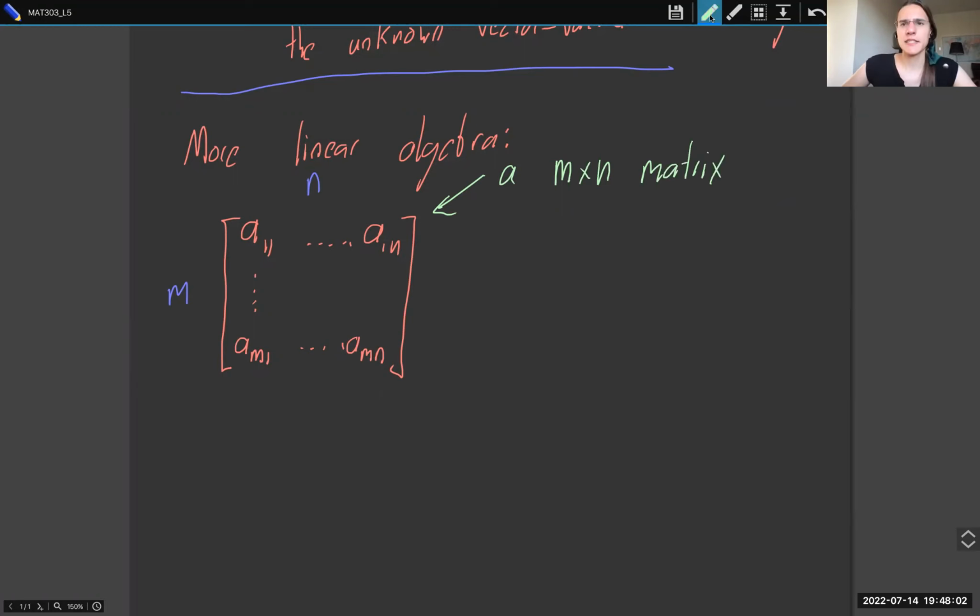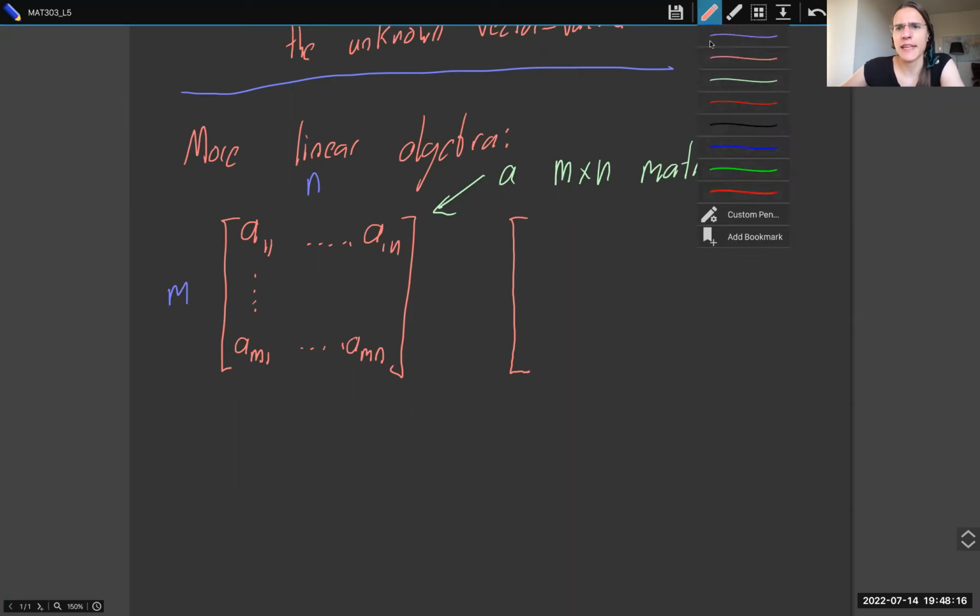Then we can consider multiplying it by another matrix, and I'll do matrix multiplication in general. So let's say we have an N by K matrix. And the entries are going to be B11 up to BN1.